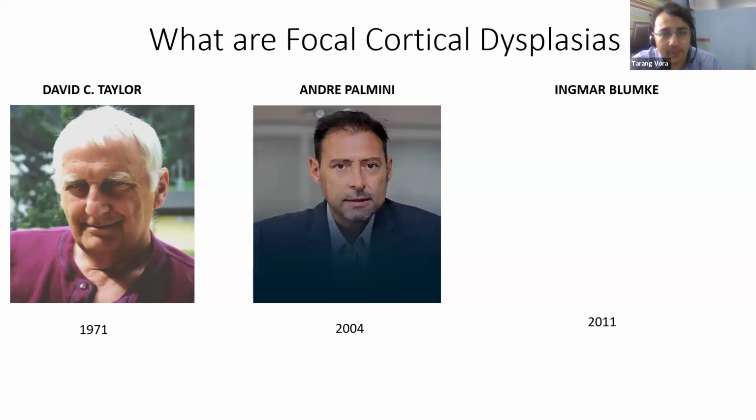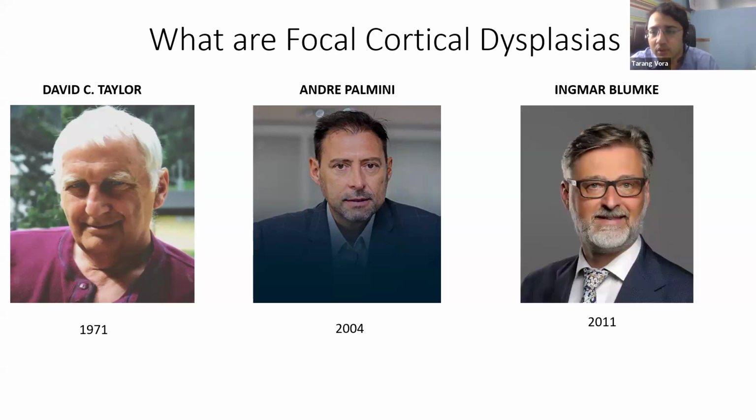And then followed by Andre Palmini, a neurologist from Brazil, who has given a definition of focal cortical dysplasia, and the current definition of focal cortical dysplasia is by Dr. Ingmar Blumcke. He is a German pathologist who has given us different subtypes of dysplasia.